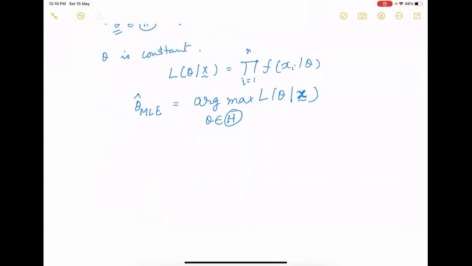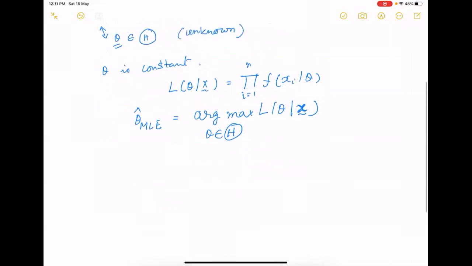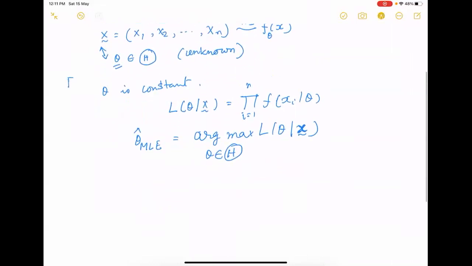Now, the typical frequentist method says theta is an unknown constant, but typically a continuous variable.